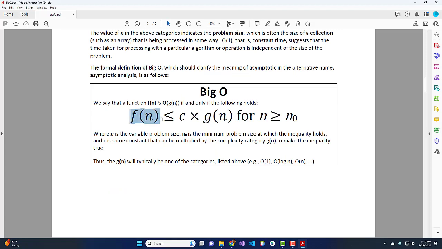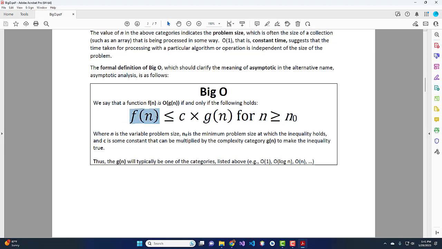So we say that the function we are interested in finding the big O of, f of n, has a growth rate less than or equal to a constant c times g of n, for all values of n greater than some value n naught.